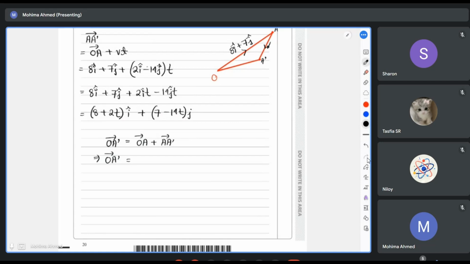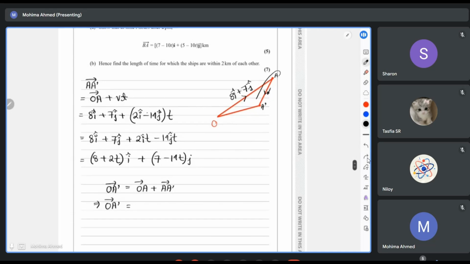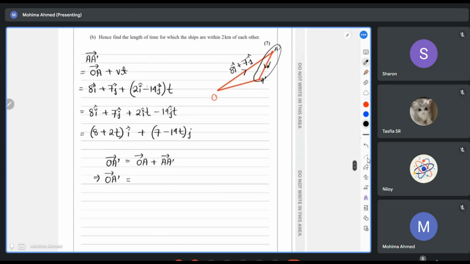OA was, I mean, after this, actually, you don't need to find out this length later on, because for this part, A prime is only this position. Like I actually made a mistake. This A prime should only be this part.